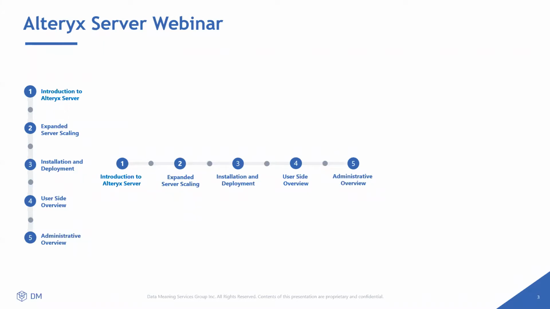And last week, I covered the user side experience from the Alteryx Gallery. A lot of what I covered last week is also going to tie in very heavily this session, where I'm going over the administrative side of the Alteryx Gallery environment.